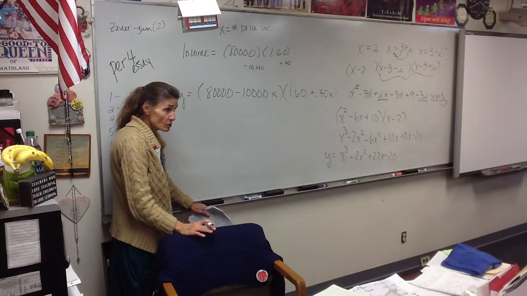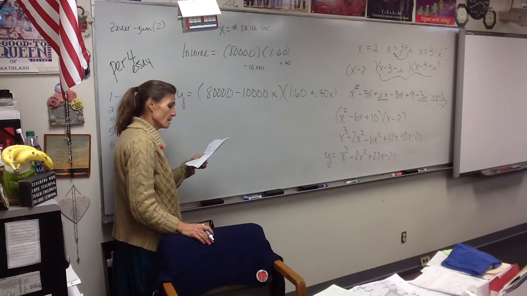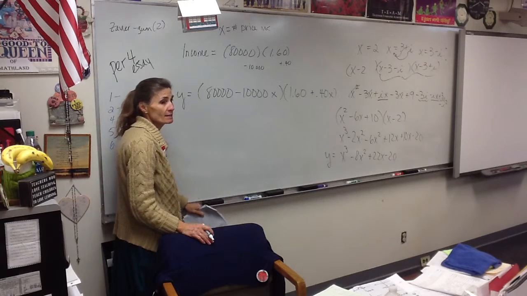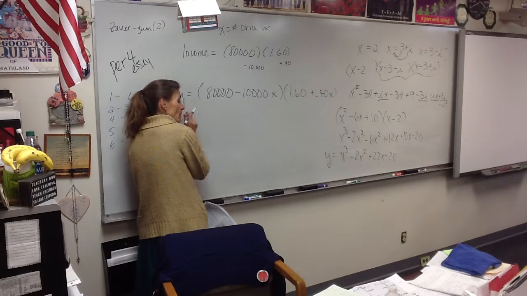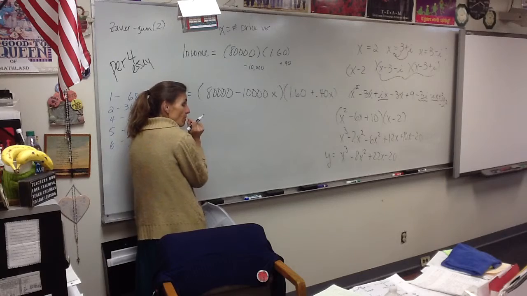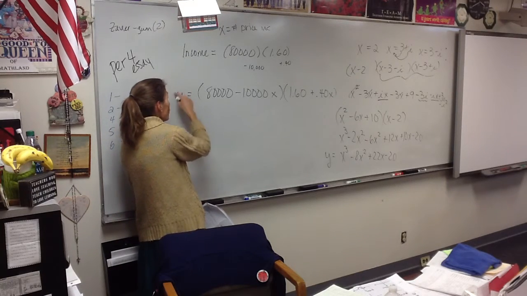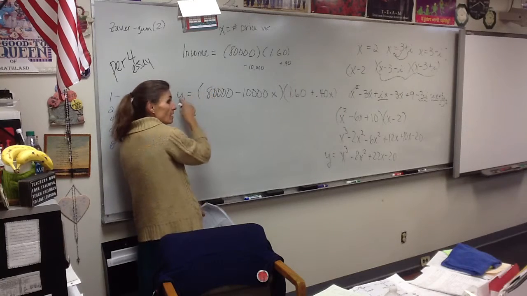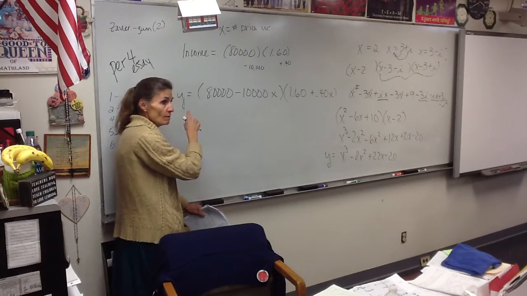Everybody okay with the equation? Now, what do I want to know about that equation? So maximum. I want to know the maximum. Now, does that mean I set this equal to 0 and solve it? No, that would be not very smart, because if you set it equal to 0, what are you saying? You want your income to be 0. We don't want our income to be 0.